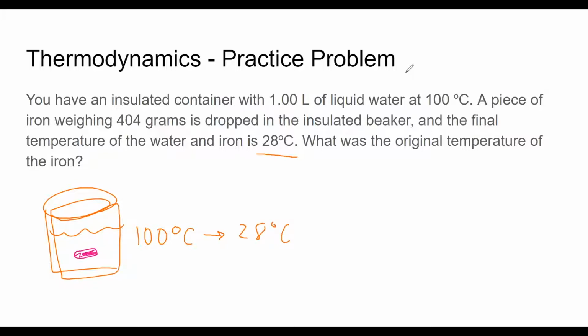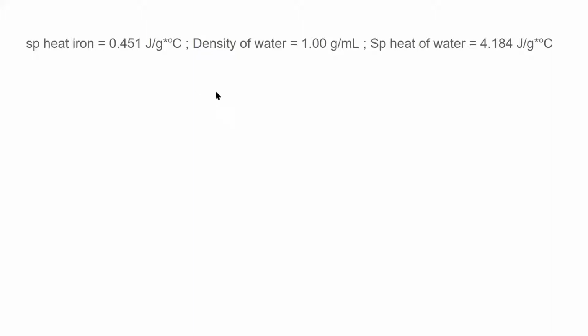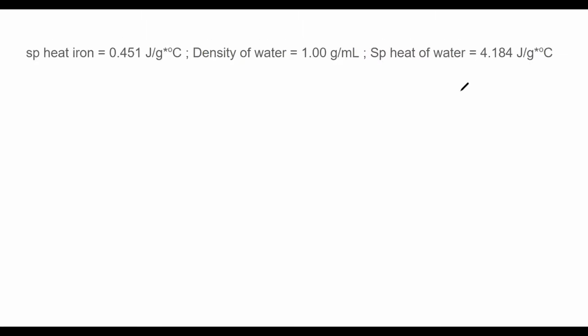So let's do some math. Specific heat of iron is that. Because the container was an insulated container, you can assume that this is a closed system. When the iron was dropped in, it made the temperature of the water go down.